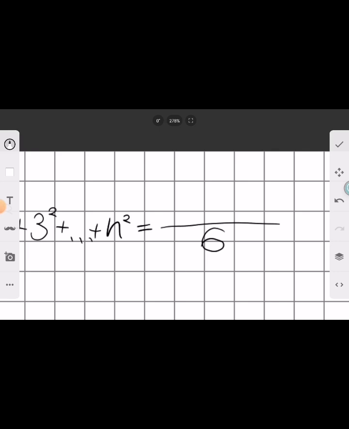I think it's something like n times n plus 1 times 2n plus 1, divided by 6. I think so.